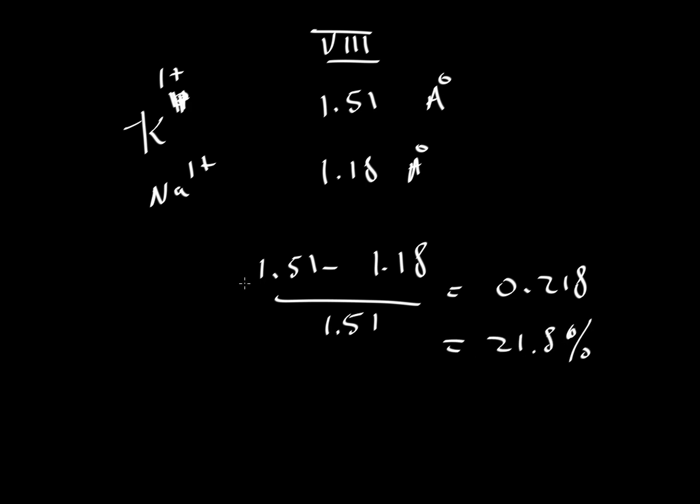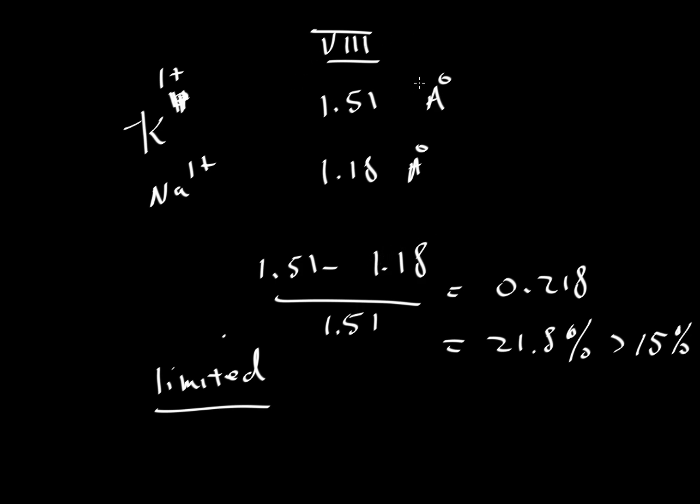We can reverse the comparison and put 1.18 at the bottom. We would still get a value that is greater than 15%. And so this means that we would not have complete solid solution. Instead, we would have limited solid solution. So we can substitute potassium and sodium for one another, but not completely.